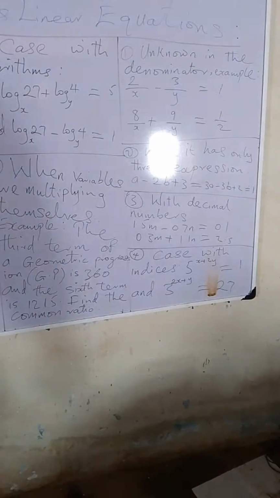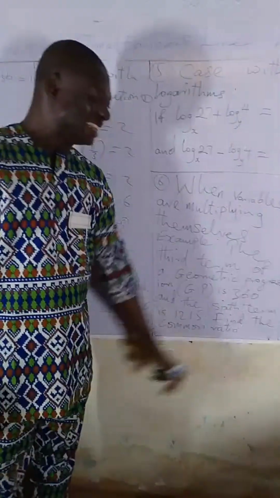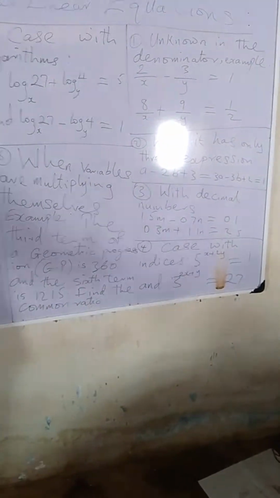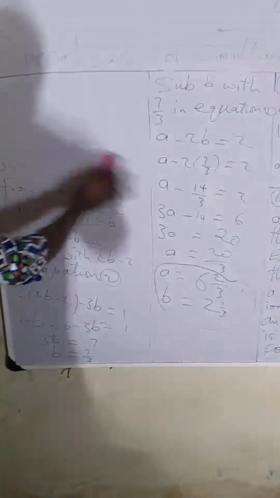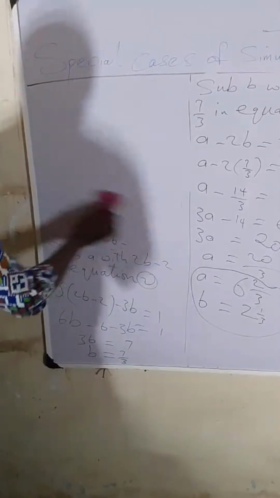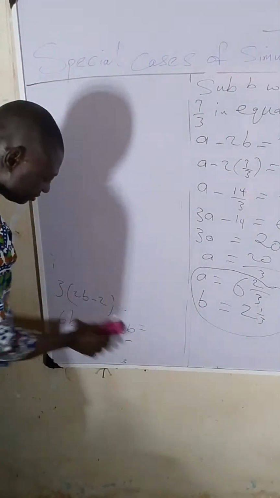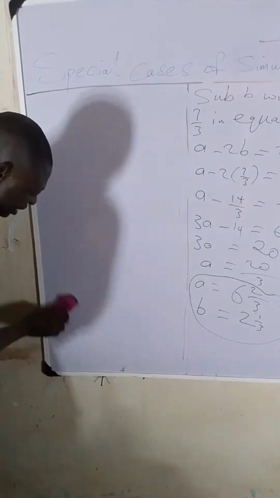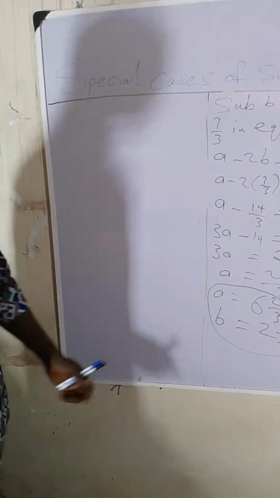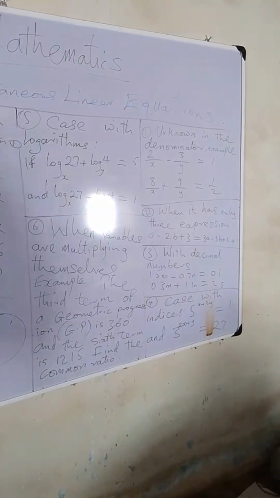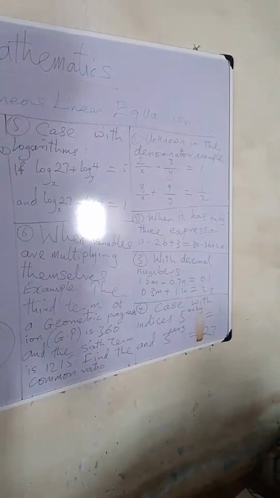We are doing this because we don't want a situation where the nature of the number, the nature of presentation of the question, will stop you from solving this simultaneous equation, which you already know the main 2 methods of solving: elimination and substitution methods. And so let's get to the situation where we have that number. And that number is number 3 with decimal numbers.